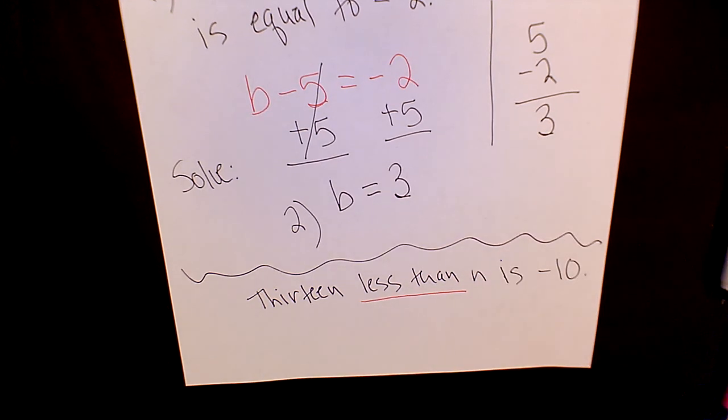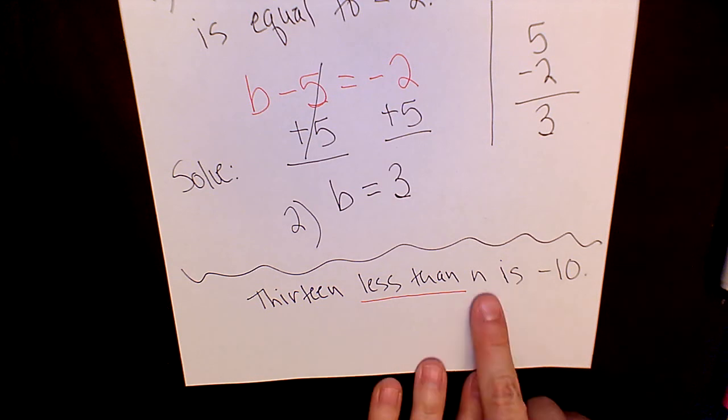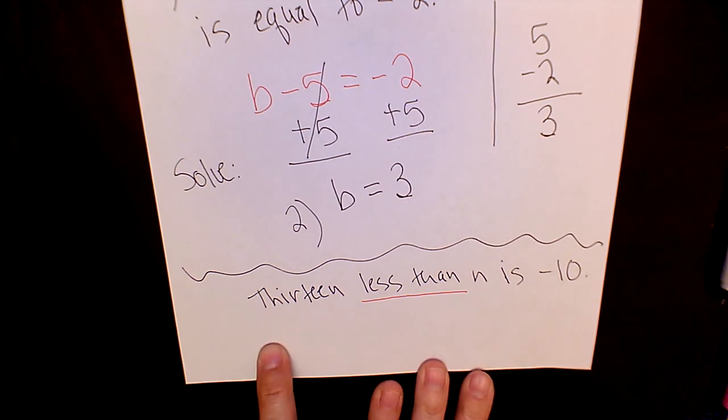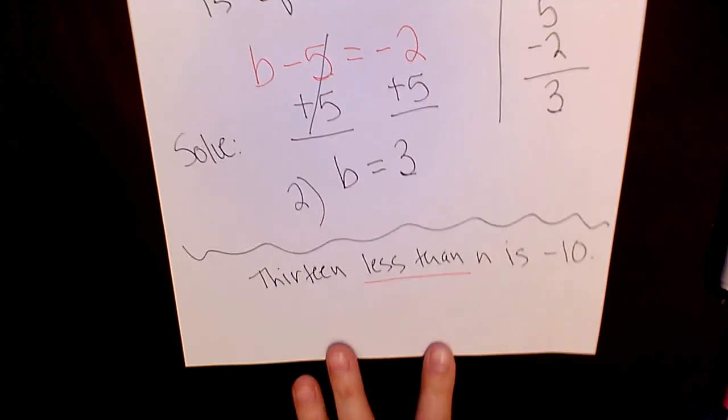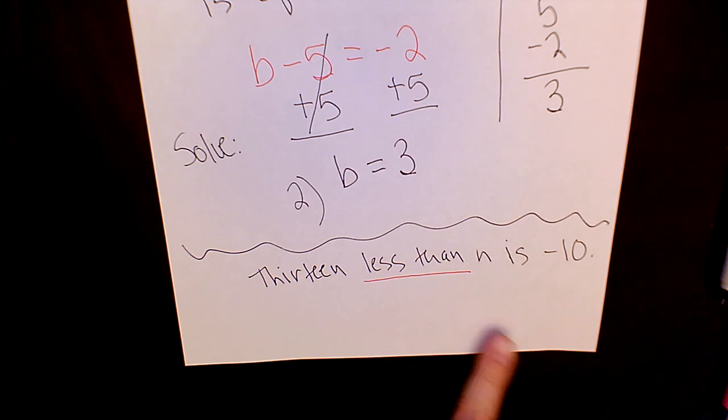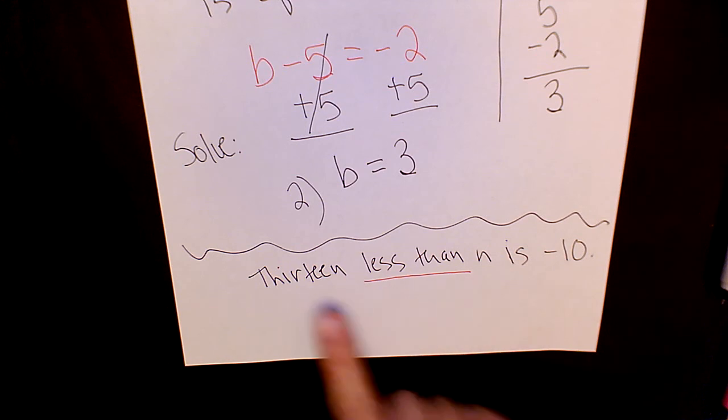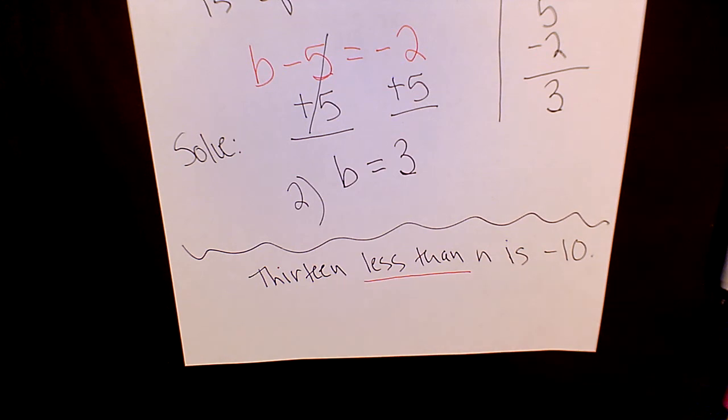But remember, when I have less than or subtracted from, we're not going to go left to right. We're going to put the letter up front first. Okay, and that's only for less than or subtracted from. So this means that the 13 is being taken away from the n.